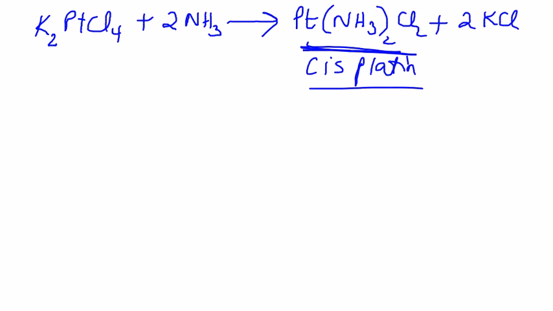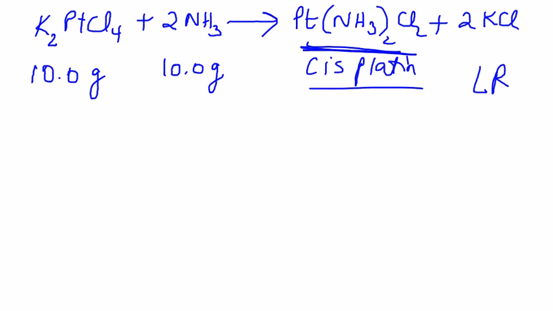Now the question says that we have been given 10 grams of potassium tetrachloroplatinate, and we have 10 grams of ammonia. And the question asks you, which is the limiting reactant?